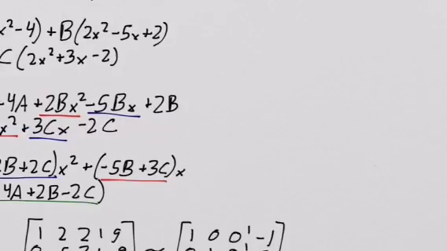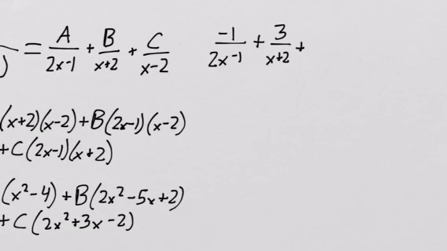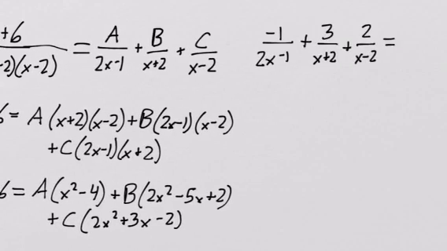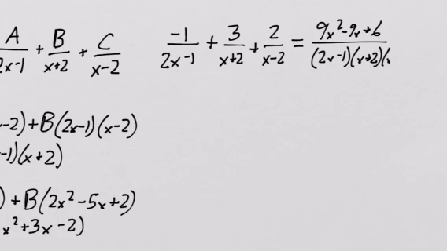And then C was 2. So 2 over x minus 2 is equal to our original statement, 9x squared minus 9x plus 6 over (2x minus 1) times (x plus 2) times (x minus 2).